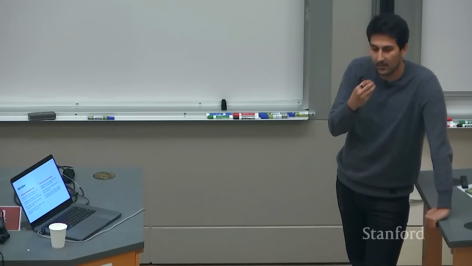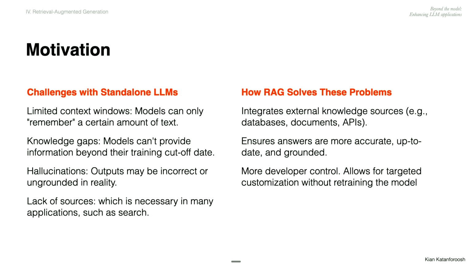With a RAG. RAG integrates with external knowledge sources, databases, documents, APIs. It ensures that answers are more accurate, up-to-date, and grounded, because you can actually update your document. Your drive is always up-to-date. I mean, ideally, you're always pushing new documents to it.